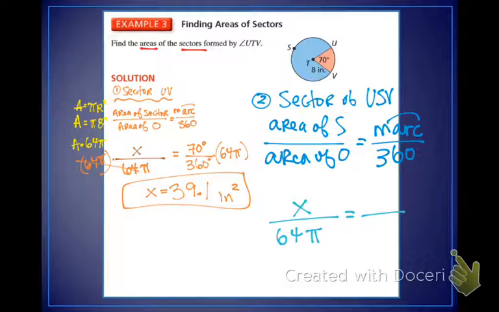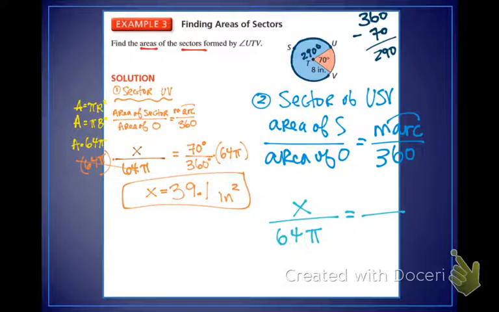What we're finding now is the area of the blue portion. What is the measure of the arc of the blue? It is not 70 degrees. It's 290. How did you find 290? So there's 360 degrees total in a circle. Subtract 70 and you get 290.